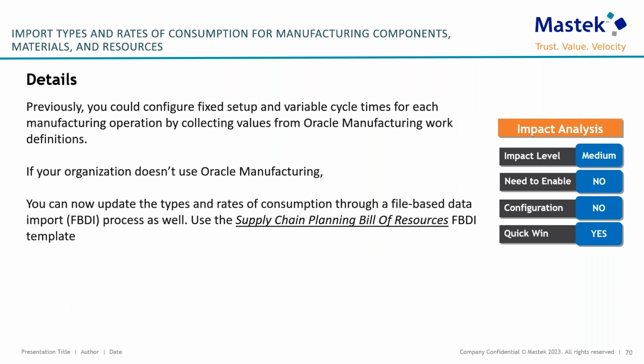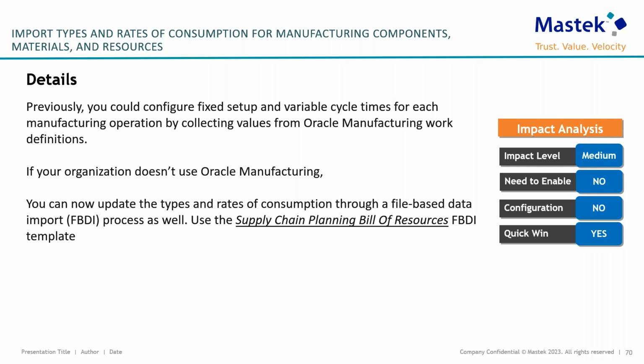Now moving to the next one, which is import types and rates of consumption for manufacturing component, material, and resources. Previously, we could configure fixed setup and variable cycle times for each manufacturing operation by collecting values from the Oracle manufacturing work definitions.